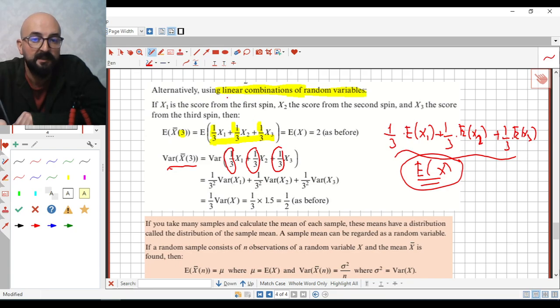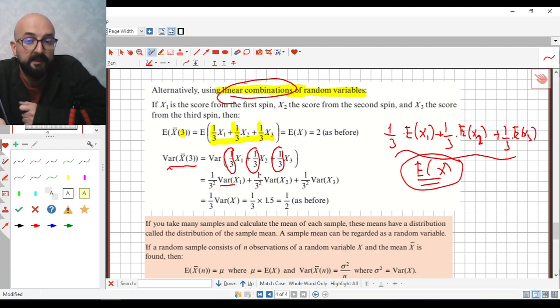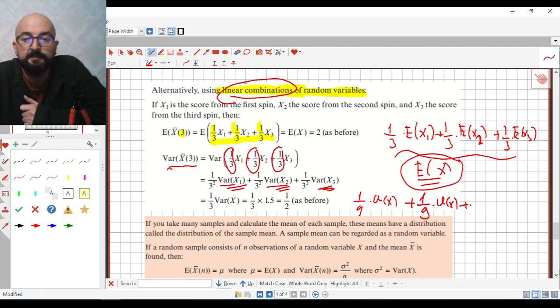And please, a linear combination of random variables, remember that 1 over 3 square, the variance of x1, 1 over 3 square, the variance of x2, 1 over 3 square, the variance of x3, and 1 over 9 the variance of x, we can say, because of the same spinner, their variances are the same, plus 1 over 9 the variance of x, plus 1 over 9 the variance of x.